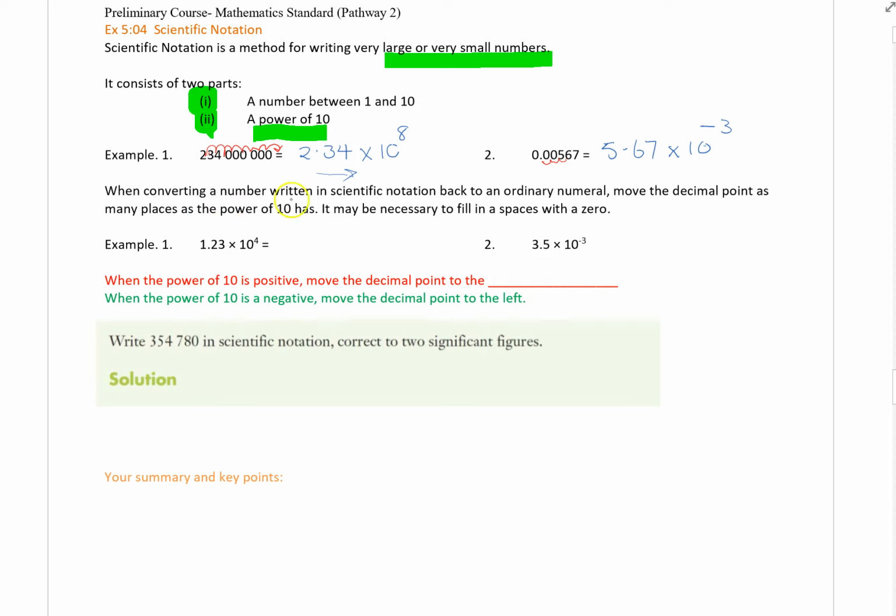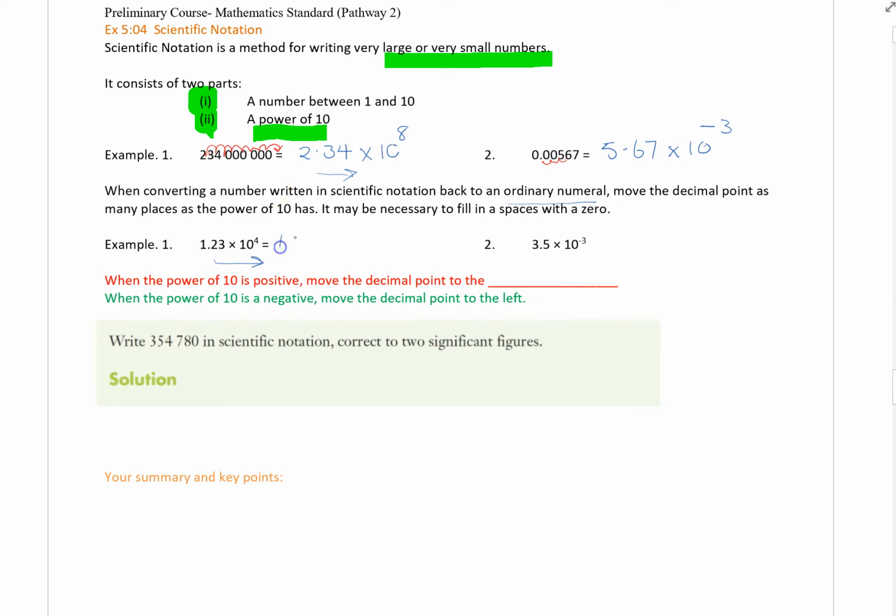You often get questions where you're given a number in scientific notation and you have to write it as an ordinary numeral. So to write it as an ordinary numeral, we're just going to move the decimal point the number of places that the power of the 10 suggests. So in 1.23 times 10 to the power 4, you can see I have to move the decimal point 4 places, and because 4 is positive, I will move it in that direction.